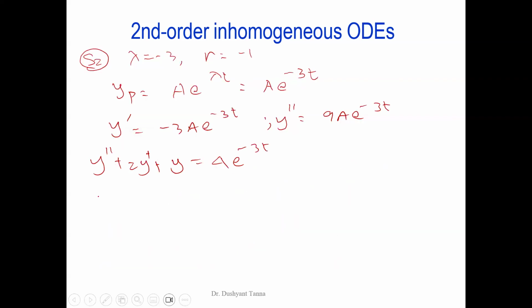Plug all the values. So 9A e raised to -3t plus 2 times -3A e raised to -3t.